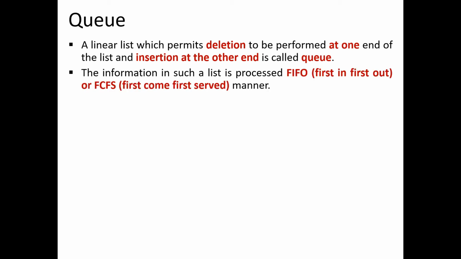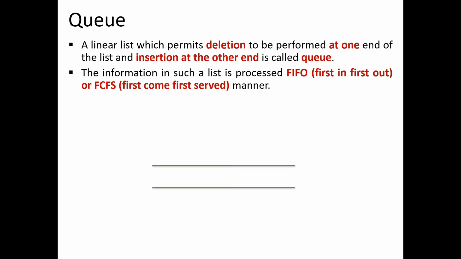The information in such a list is processed in FIFO, first in first out, or FCFS, first come first serve, manner. Means a queue is operated in such a way that it is first in first out or first come first serve.